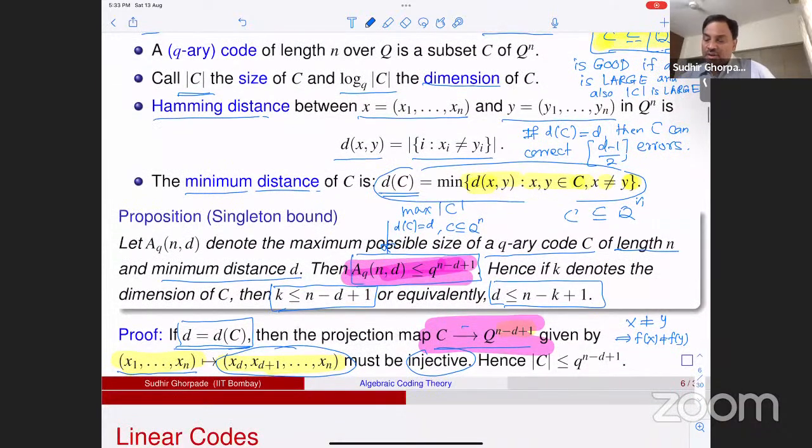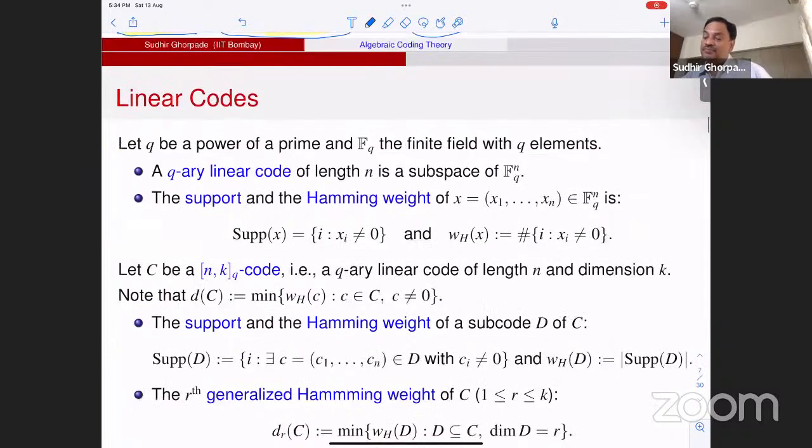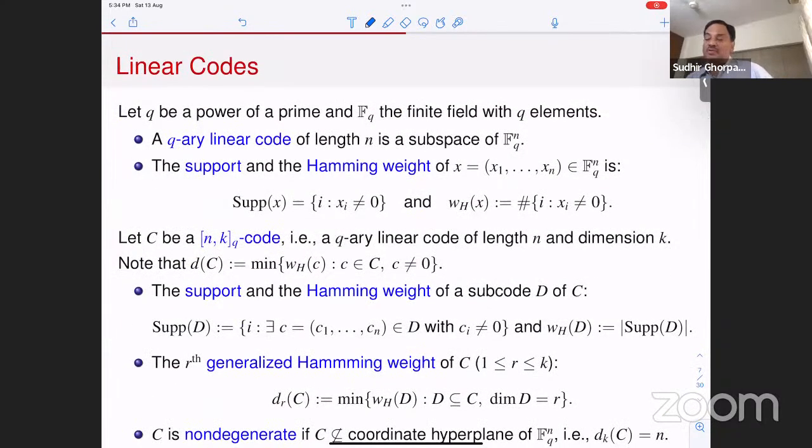Okay. So with your permission, now I want to go to linear codes. What I said so far was about an arbitrary code, just a subset of q to the n. Now I'm going to take my alphabet set to be Fq, the finite field with q elements.